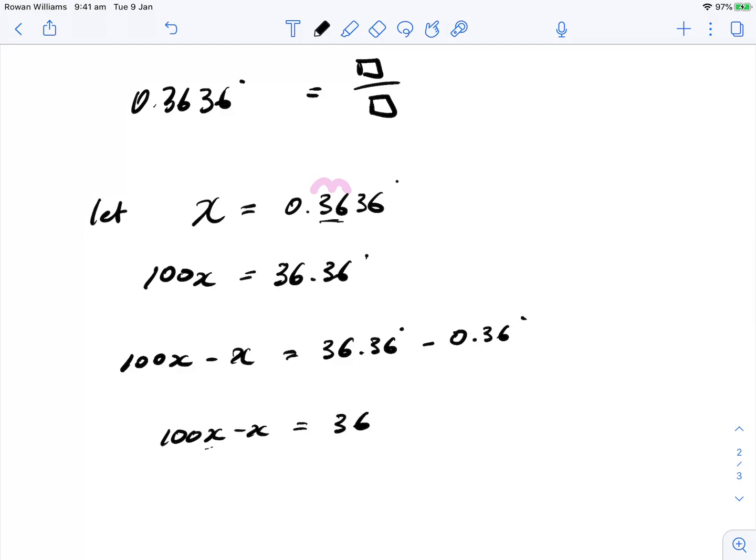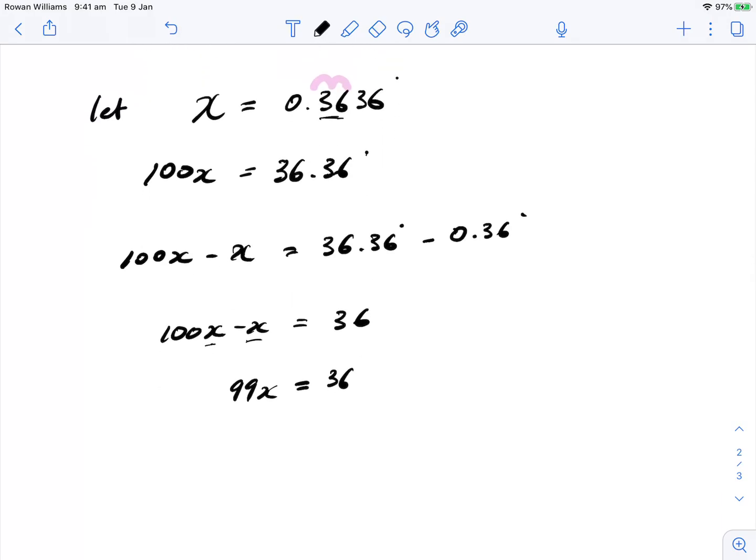If I've got 100 lots of x and I take away one lot of x, that'll get me 99x equals 36. And if I want to get the x by itself, I have to divide this side by 99 as well. So it'll tell me that x is equal to 36 on 99.